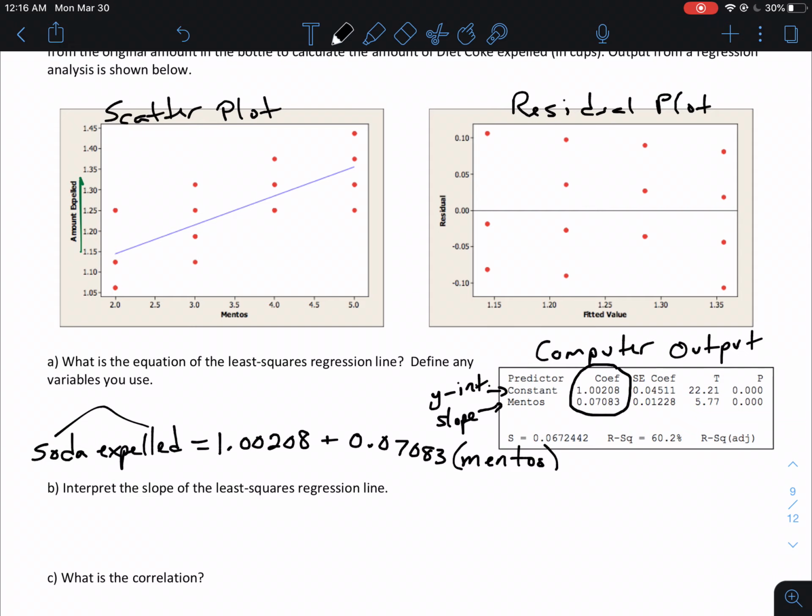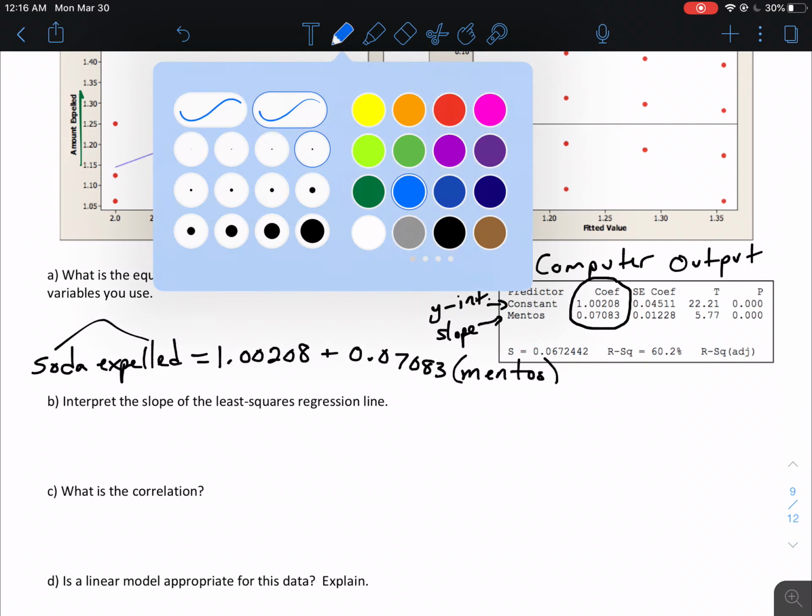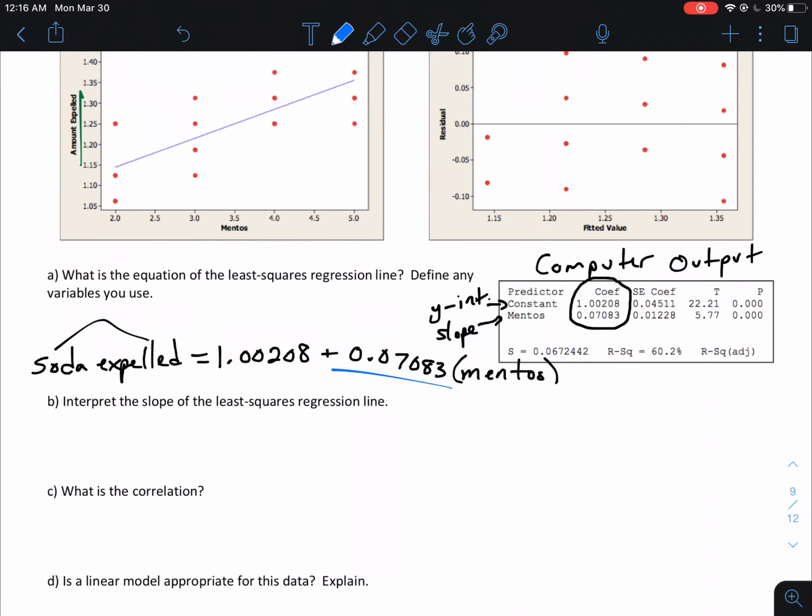For B, interpret the slope of the least squares regression line. Our slope, which was right here, was 0.07083.